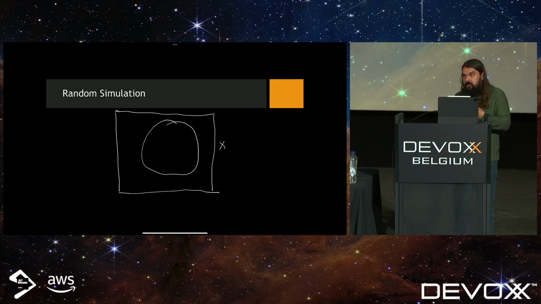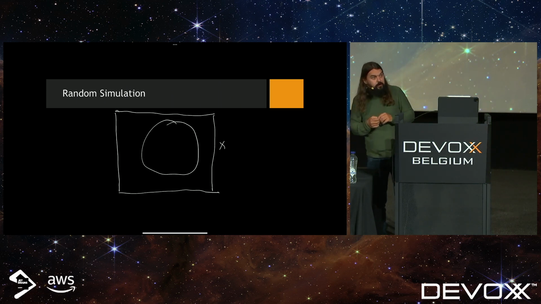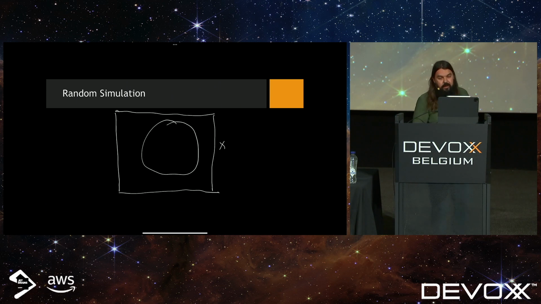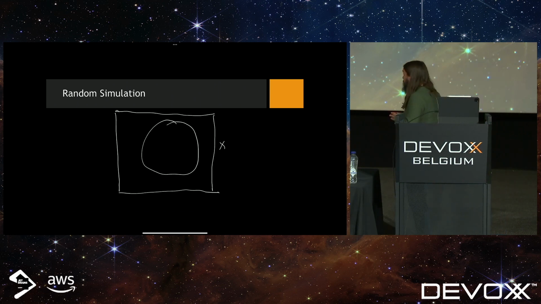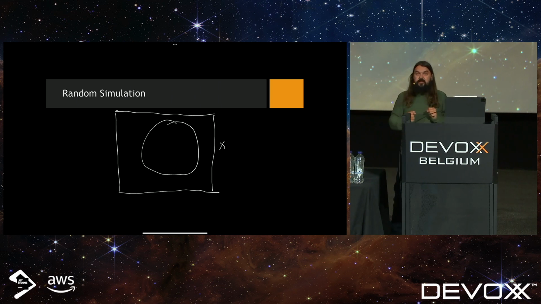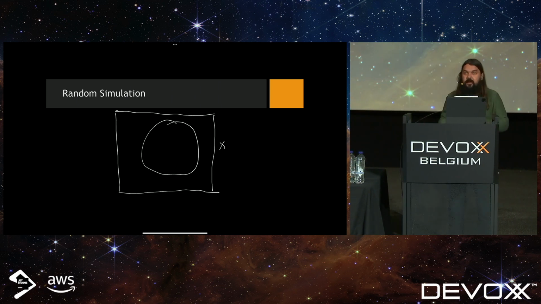The first tool that we're going to use is the concept of random simulation. This might be familiar to some of you who are doing machine learning and deep learning, as a Monte Carlo simulation. We have a square, and the only thing we know about this system is that the square is of side x.